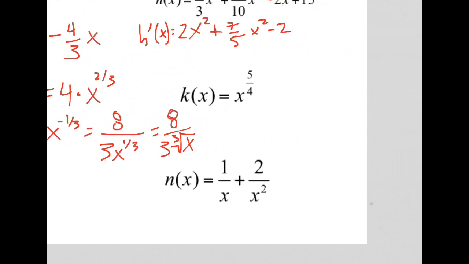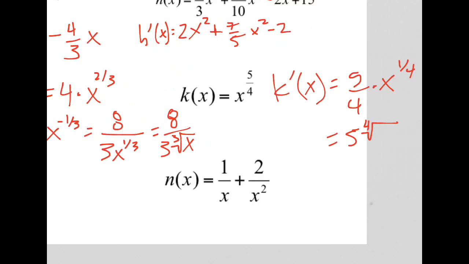K of x is already written in a form we can use the power rule with, so we're going to get k prime of x equals 5 over 4 times x to the 1/4, which you could write as 5 times the 4th root of x over 4.